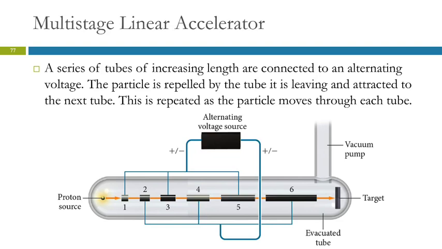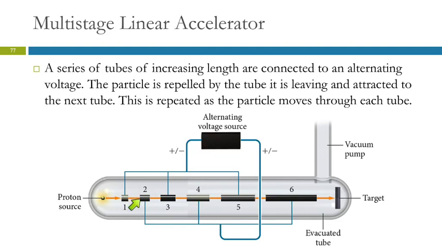Obviously, this requires some timing, right? So the idea here is you've got a proton source. So you're shooting out some protons, and it enters this tube. As it enters and goes through this tube, we change the far side to negative so that the proton is attracted to that. As it leaves the tube, we change that side to positive so the proton is repelled.